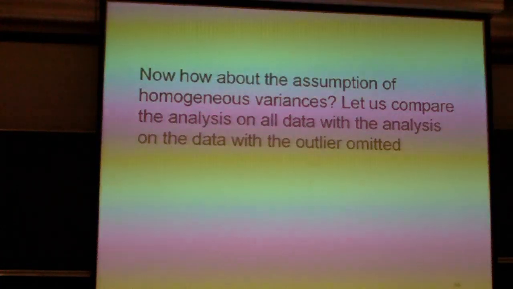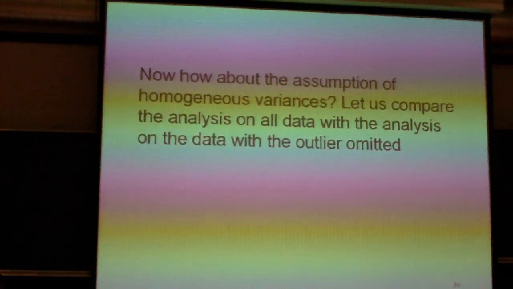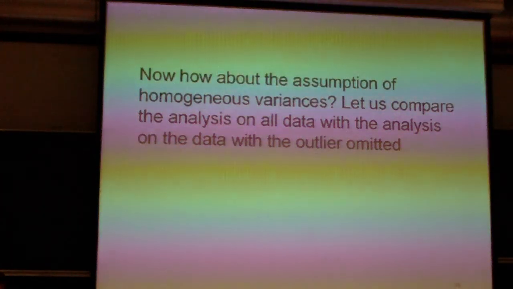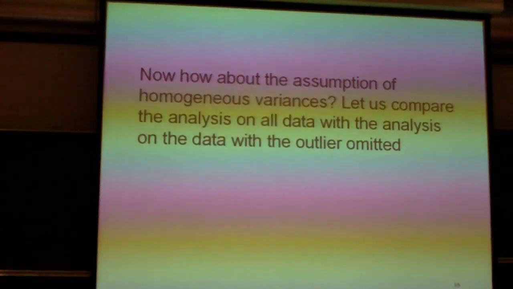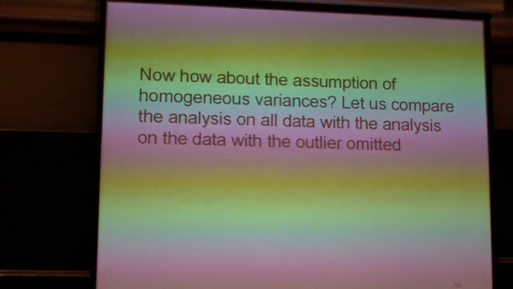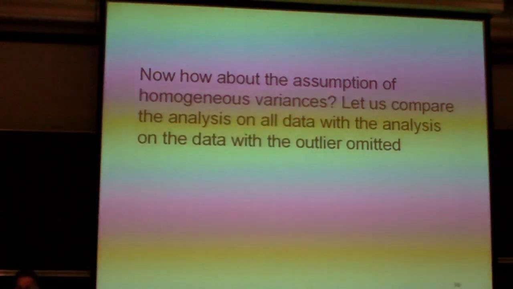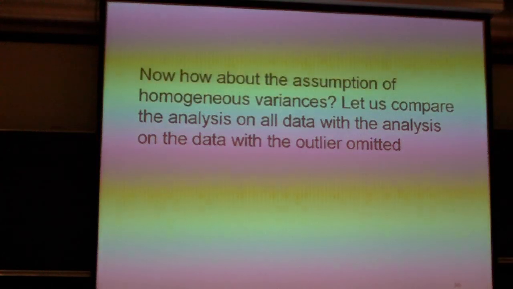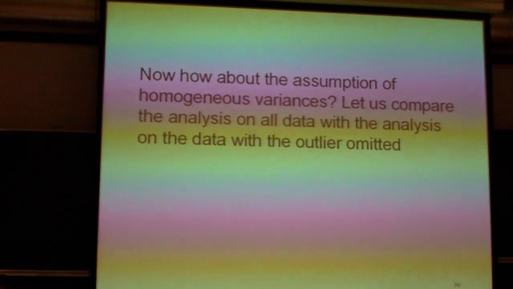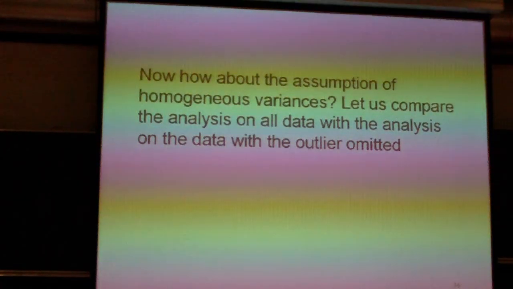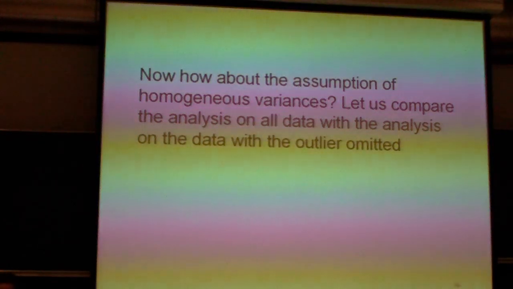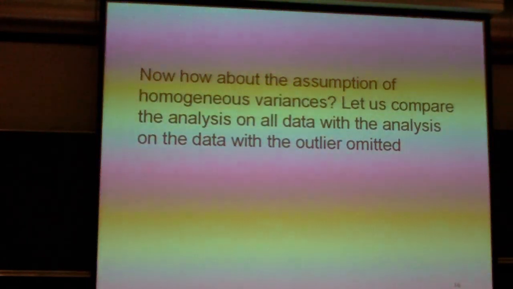Okay, so now how about the second assumption of doing analysis of variance, the assumption of homogeneous variances, that is to say, the assumption that the variances in the various populations are all the same. Let us compare the analysis on all the data with the analysis on the data with the outlier omitted.